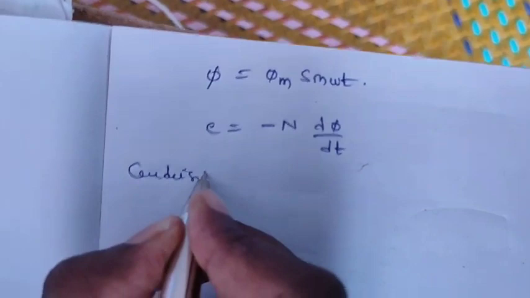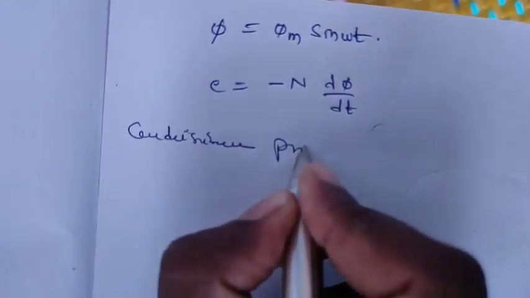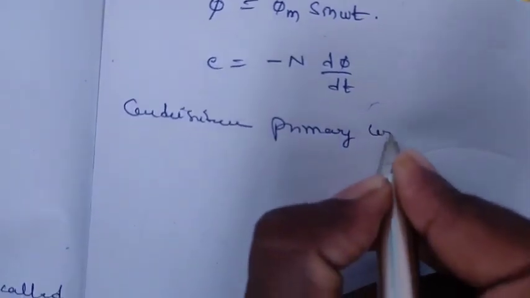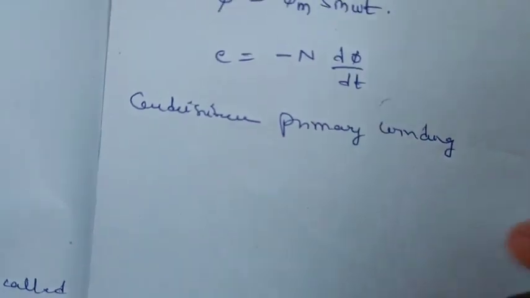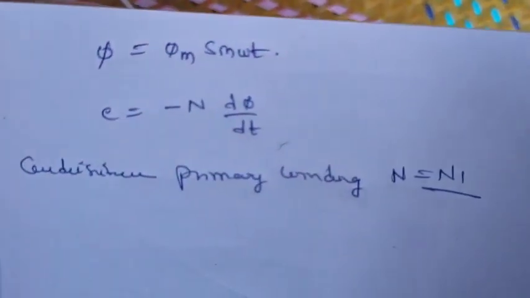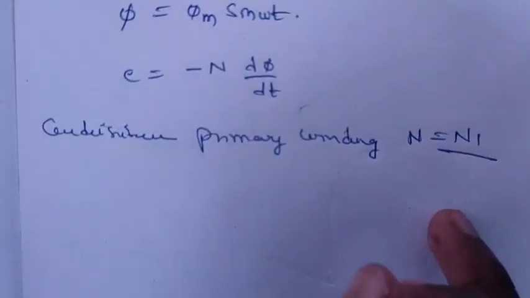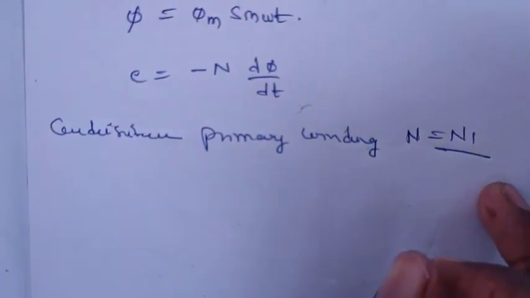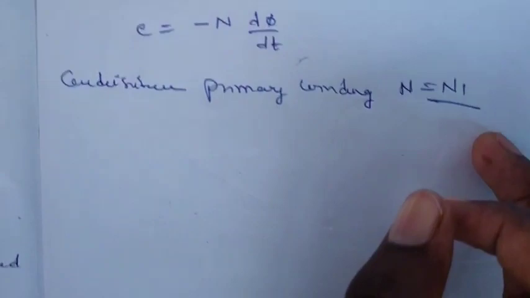Consider the primary winding, where N equals N1. If you consider the secondary, N equals N2.